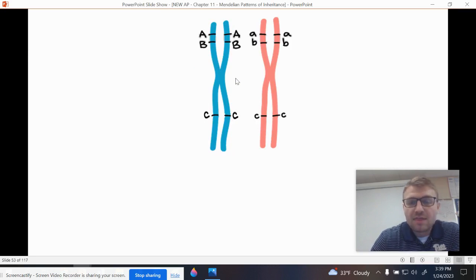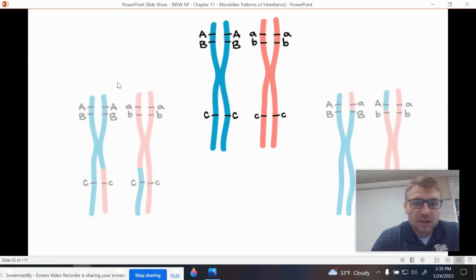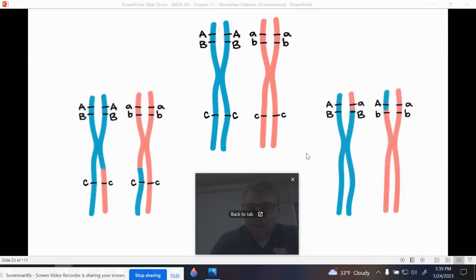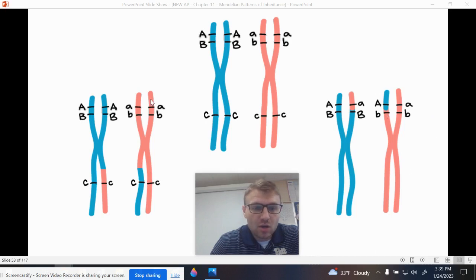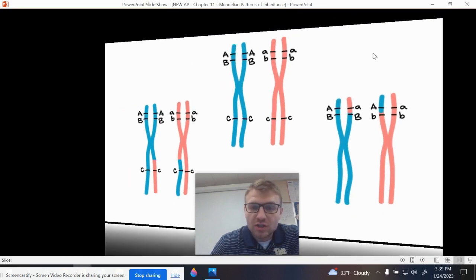Let's take a look. Which one of these is more likely to have crossing over, this side or this side? This one is more likely to occur because there's just more area for crossing over compared with this side. There's just not that much area for that crossing over event to occur. So those genes are going to be linked.